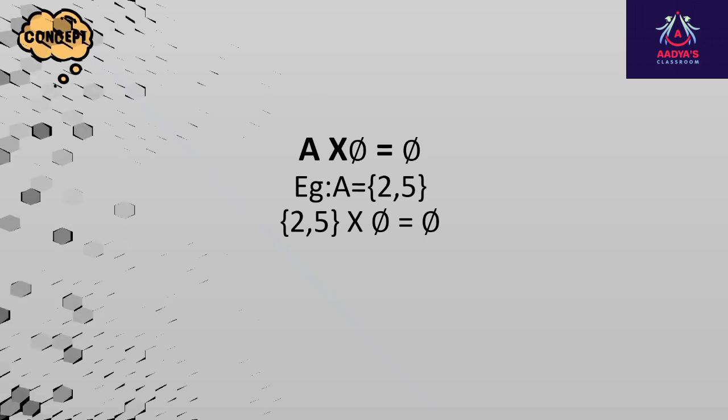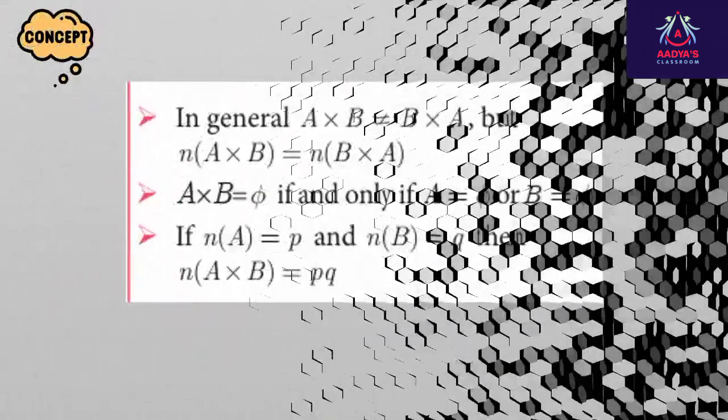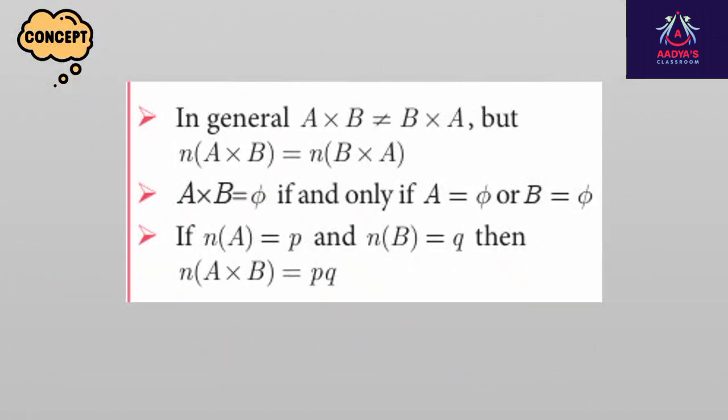Now, in general, A cross B is not equal to B cross A. Just like we saw in the beginning of the video, right? Those two examples. Those two are not equal. But the number of elements in both A cross B and B cross A are equal. Alright?